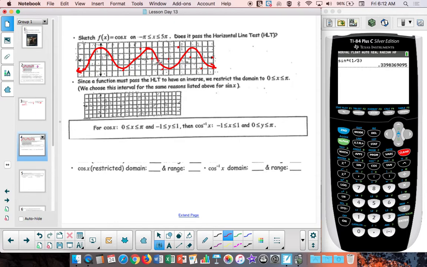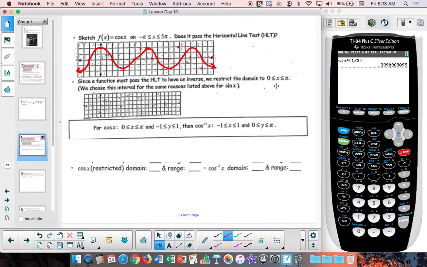So we need to restrict it. Cosine makes a little bit more sense because it starts at 0. We remember our problem when we pick our interval is to go from a maximum to a minimum or a minimum to a maximum. In this case, we start at a maximum at 0, 1. So we can just start here, and then we can go clockwise or counterclockwise on the unit circle and get to pi.